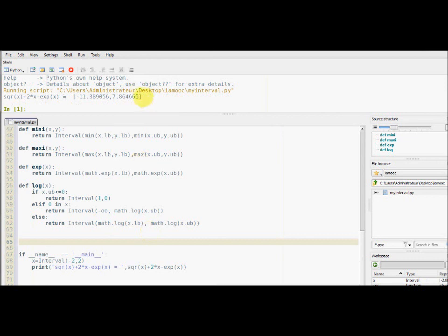And it returns me the interval -11, 7. So I am sure that for all x between -2 and 2, the result of this function for all x inside will be inside this interval.